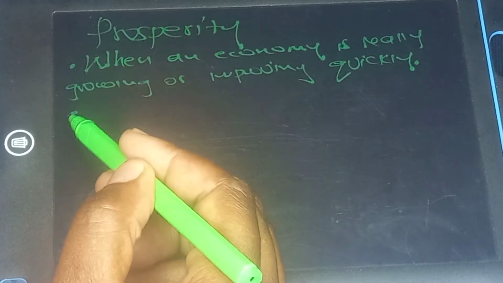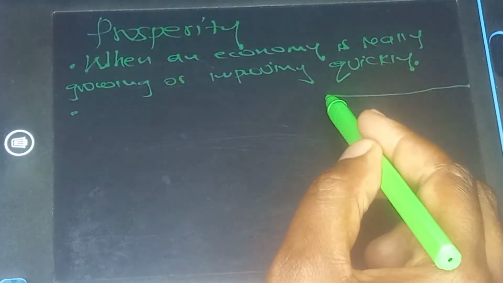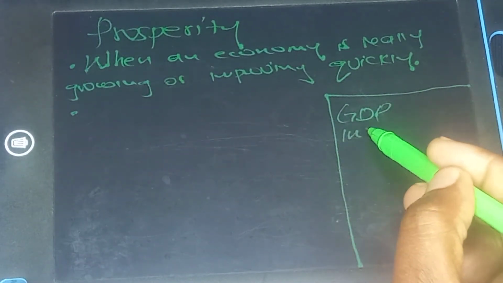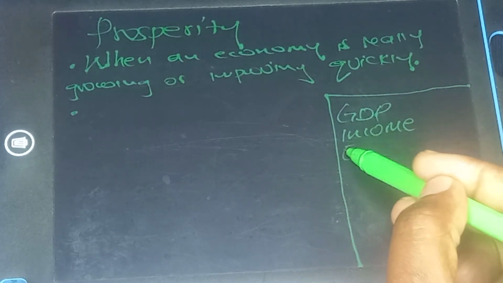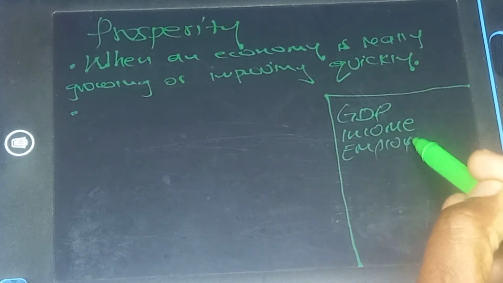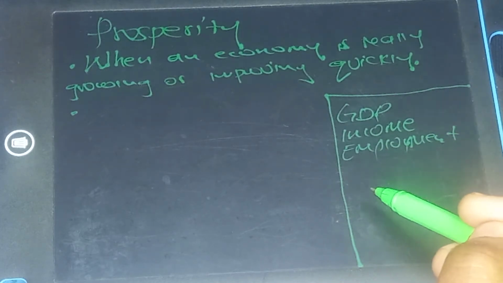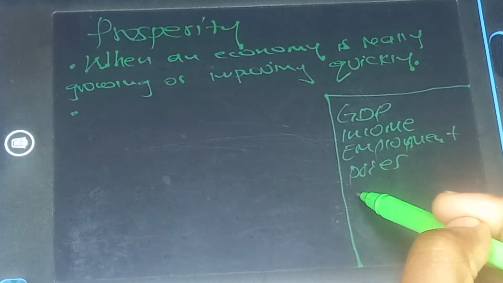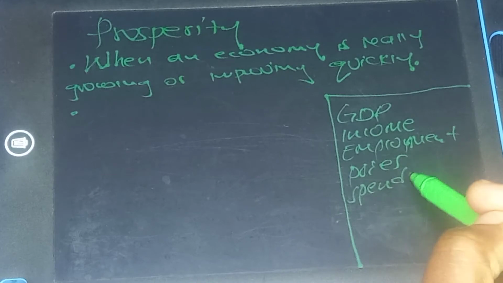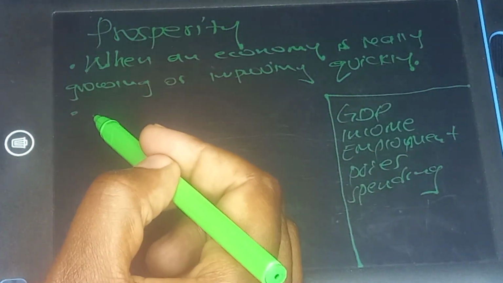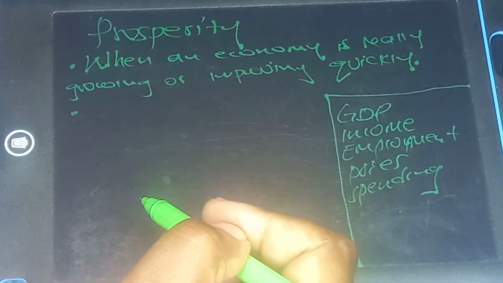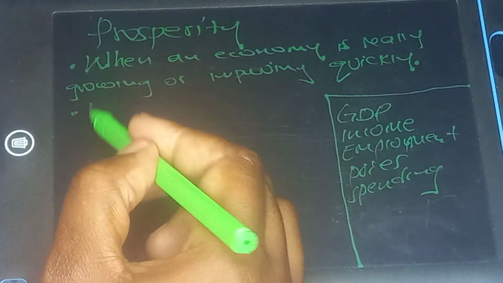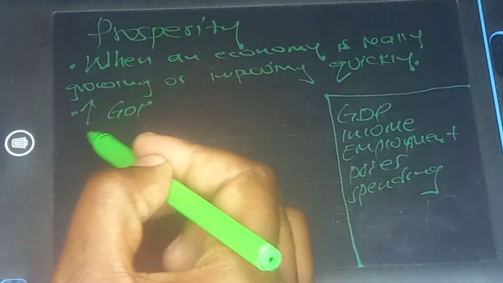Now, we must explain. What do we mean? We need our GDP, our income, our employment, our prices, and also spending. So, you talk about GDP. It means that GDP has increased and is increasing very quickly. So, we see an increase in GDP.